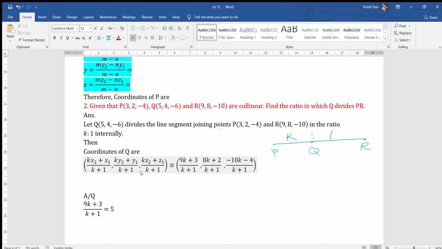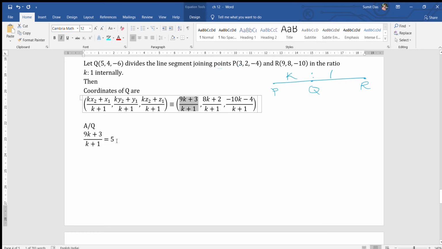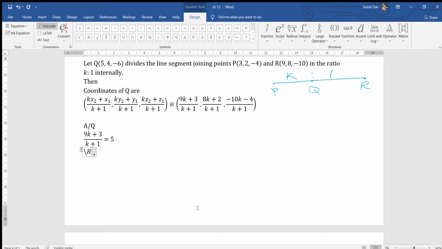Now what we have to do? We have to compare the coordinates of Q. Look, the coordinate of Q is given. That means the x coordinate of Q, we got (9k + 3) divided by (k + 1) is equal to 5. That's what we wrote here. Now from here we will find the ratio of k and 1. 9k plus 3 equals 5k plus 5.